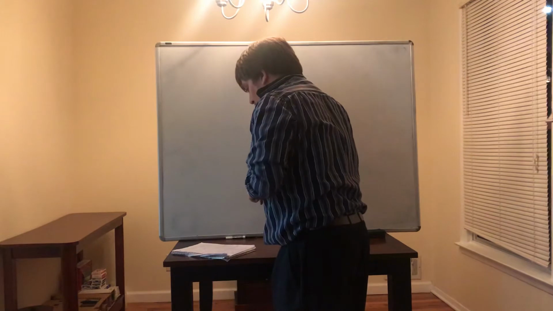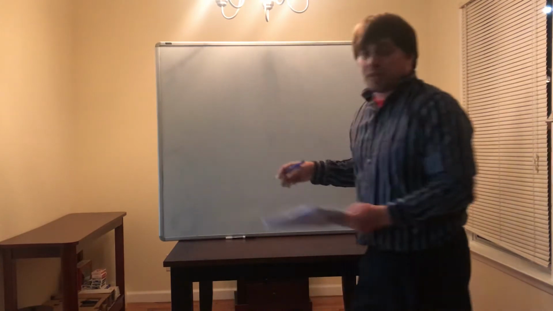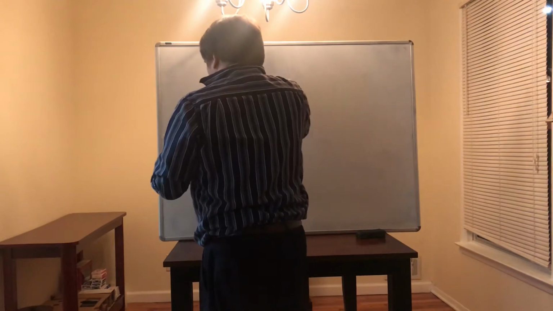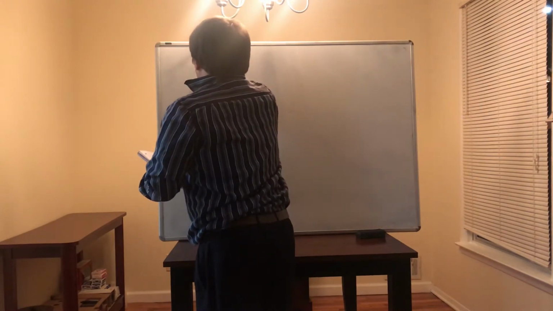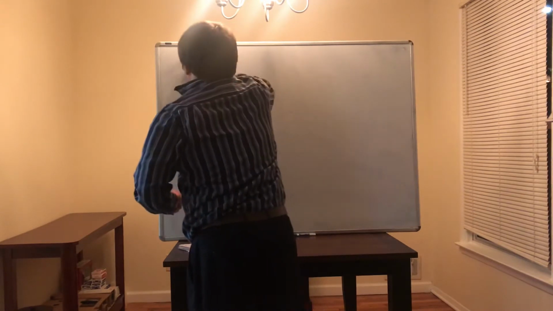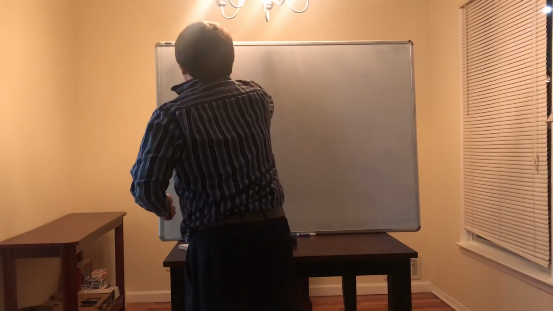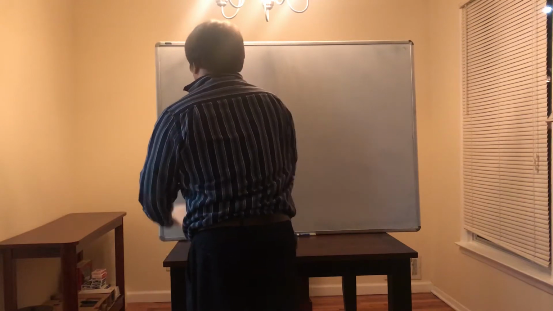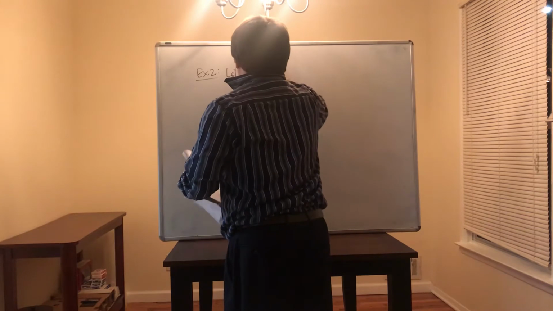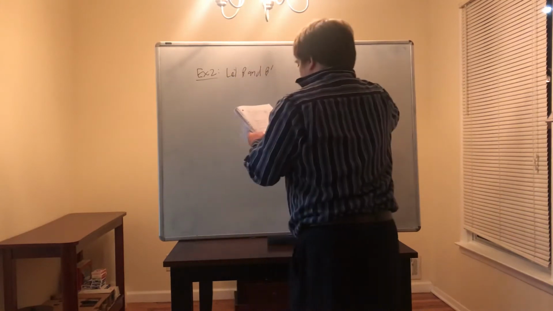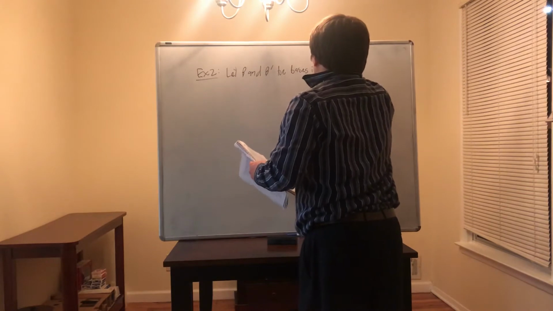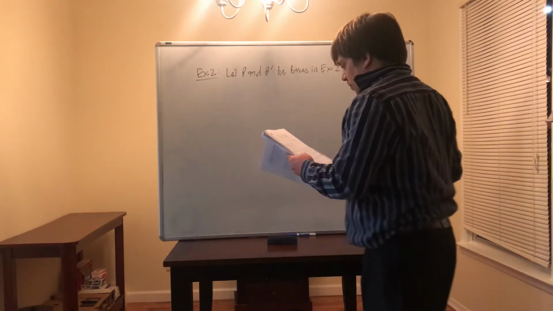Okay, and so part B is finding the transition matrix from B to B prime. And let's keep moving. So in example 2, you're going to let B and B prime be bases in example 1, the last example.